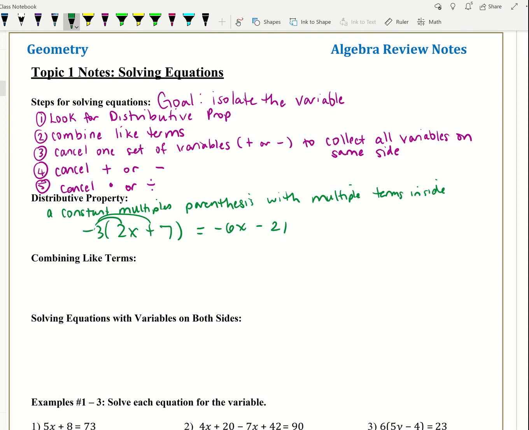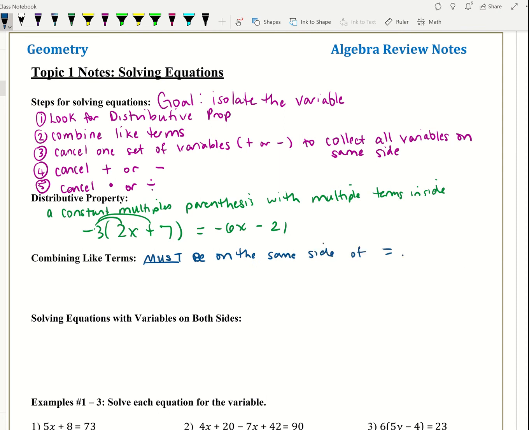When you combine like terms, very, very important: in order to combine like terms, the terms must be on the same side. They absolutely must be on the same side of the equal sign in order for us to do this.